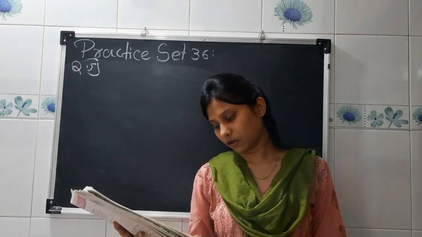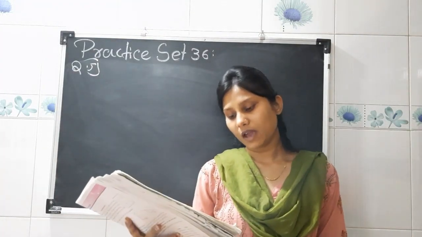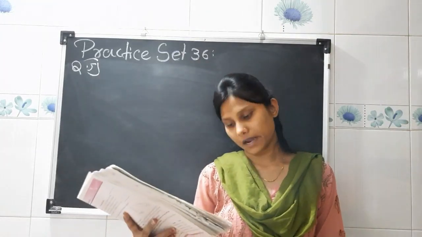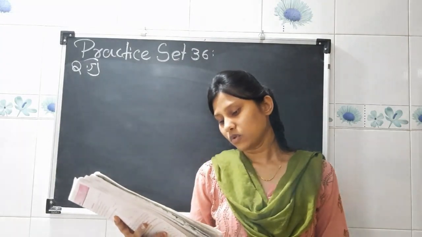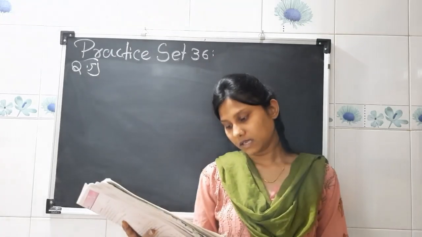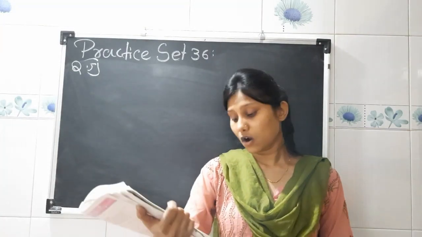Give the reason for your answer. They have given you the lengths of all the sides of a triangle. You have to just check whether from the given sides we can draw the triangle or not.